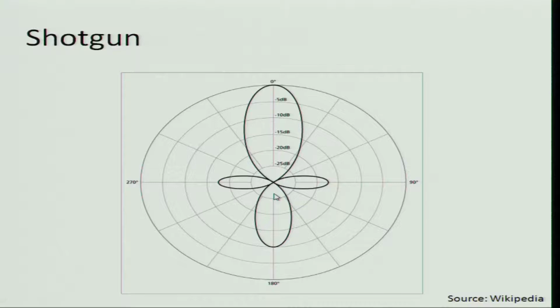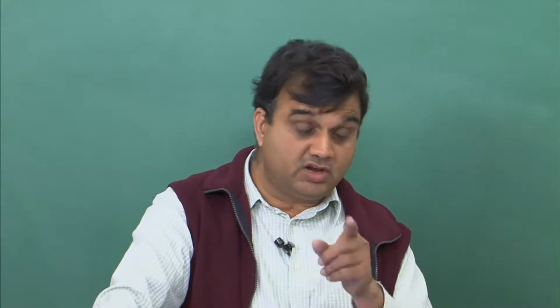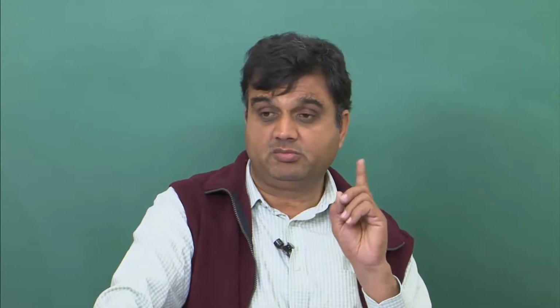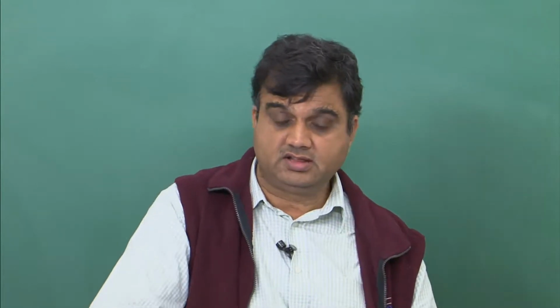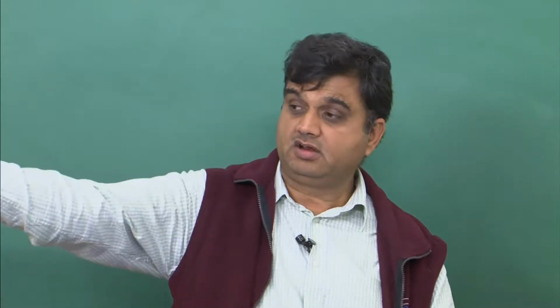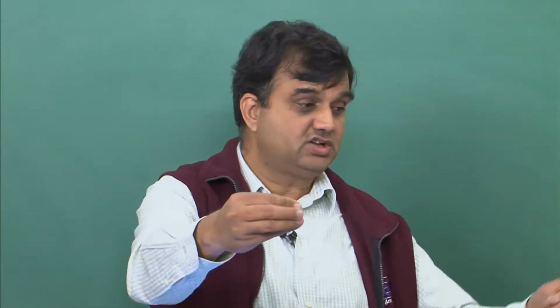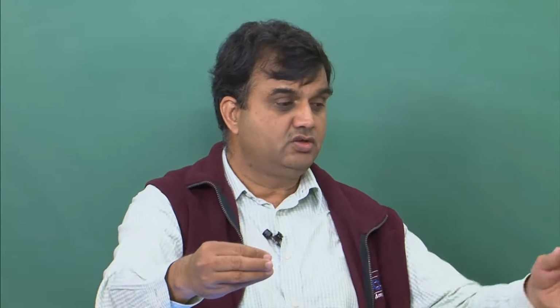This is a very extreme directivity characteristic, and people design these because suppose you are interested only in measuring sound from the front, and you don't want the sound coming from the back side. For instance, suppose you have a train coming from this direction and you are on a track, you are not interested in sound coming from the back side.